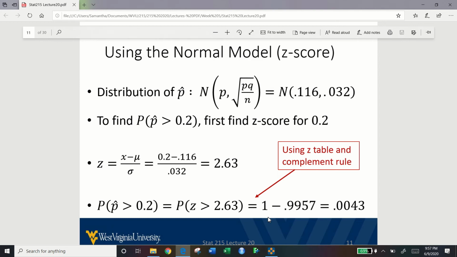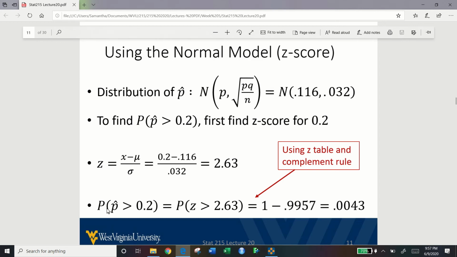We could also use this with our z-score. How? Well, our z-score formula, if you recall, was z equals x minus mu over the standard deviation sigma. By plugging in 0.2 for x, 0.116 for mu, and 0.032 for sigma, we can find a z-score of 2.63.